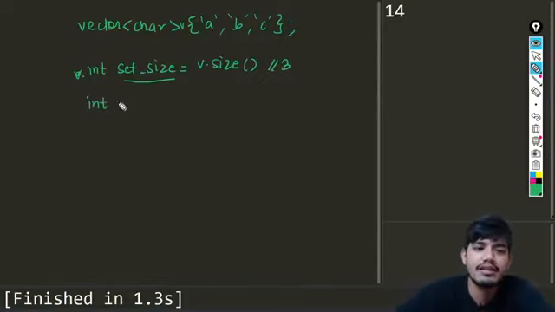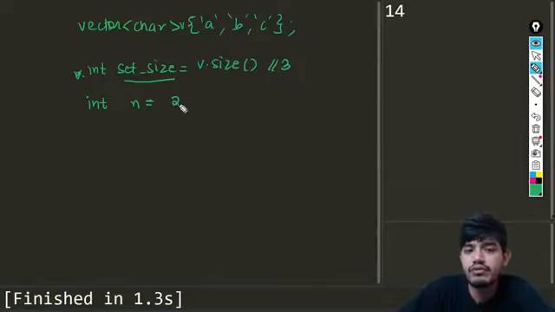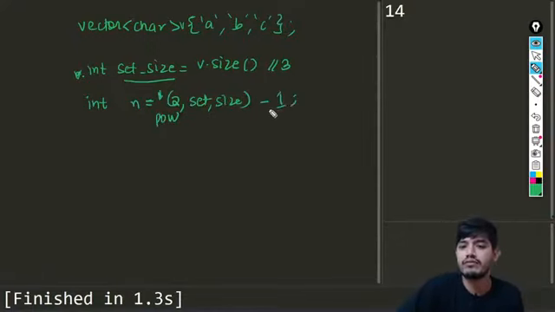I'll call that integer n, and it will be 2 to the power of the set size. I'll use the power function here, and I'll subtract 1 from that. Because we have seen the total number of values will be 8, and that starts from 0, so I subtract 1 from it.